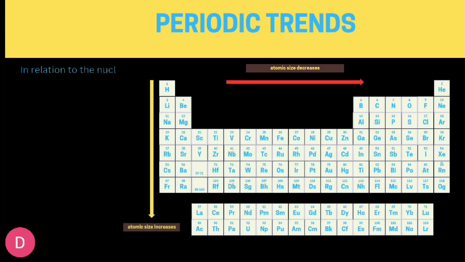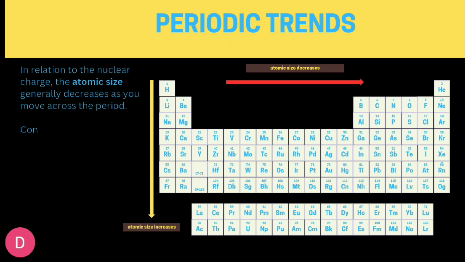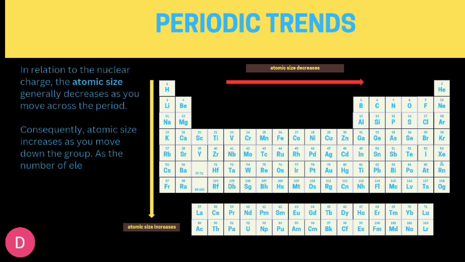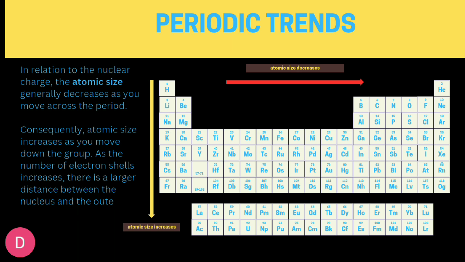In relation to the nuclear charge, the atomic size generally decreases as you move across the period. Consequently, atomic size increases as you move down the group. As the number of electron shells increases, there is a larger distance between the nucleus and the outermost orbital.